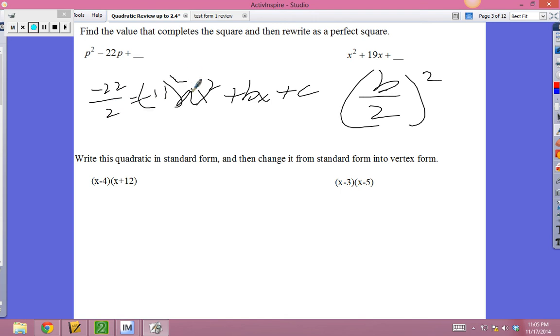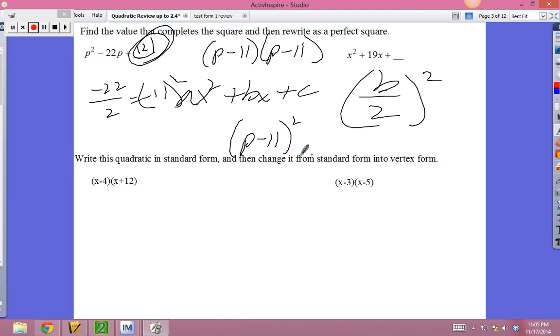Now you square that. Negative 11 times negative 11 is a positive 121. You want that to be a 121. If it is a 121, it's a perfect square. So it's going to be p minus 11 times p minus 11. A minus 11 plus a minus 11 is negative 22, but you times them, it's positive 121. So if you write it as a perfect square, it's going to be p minus 11 squared.